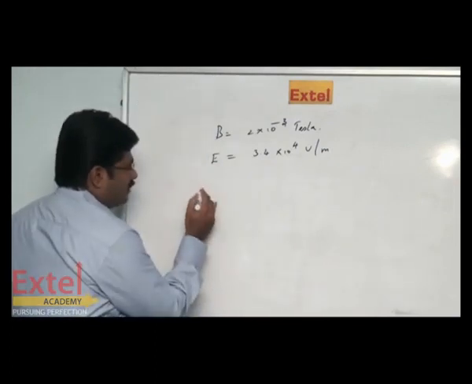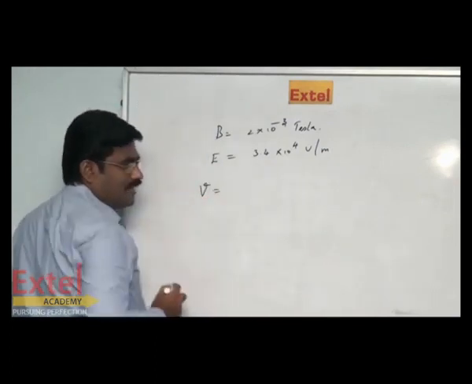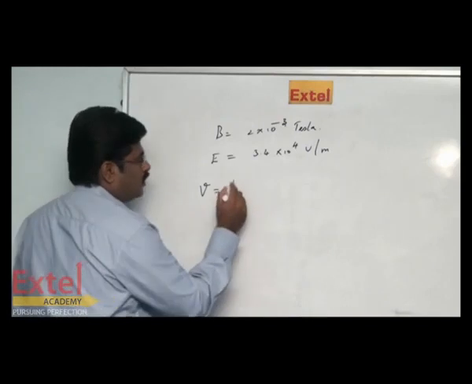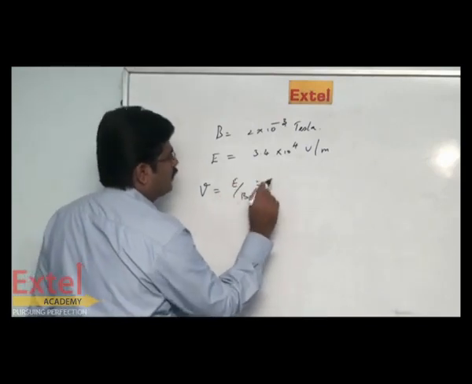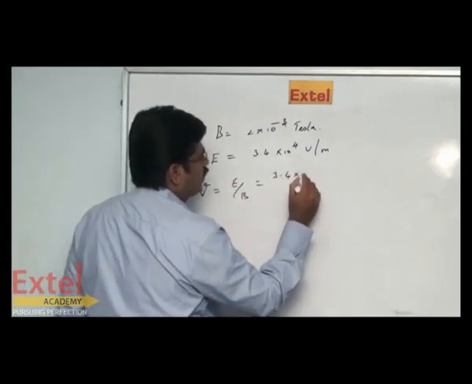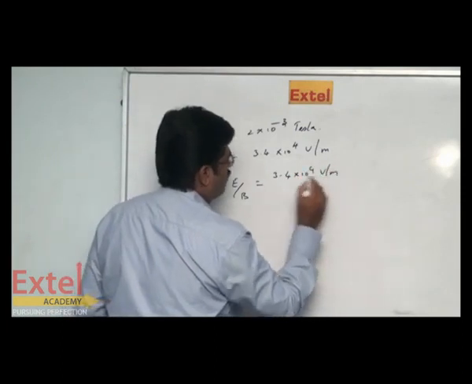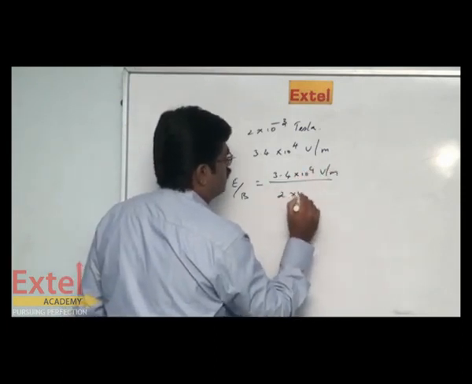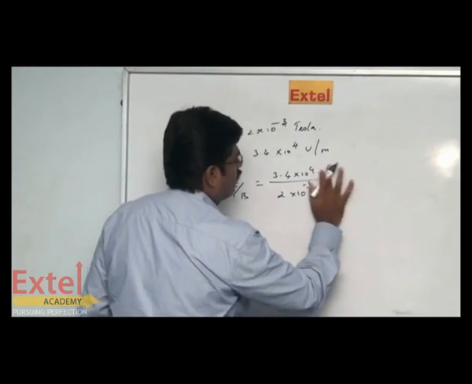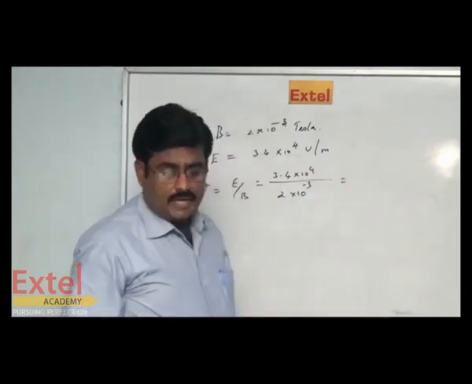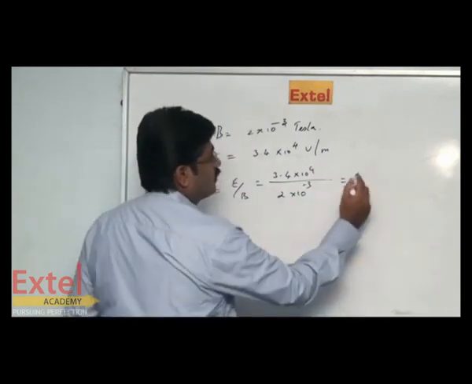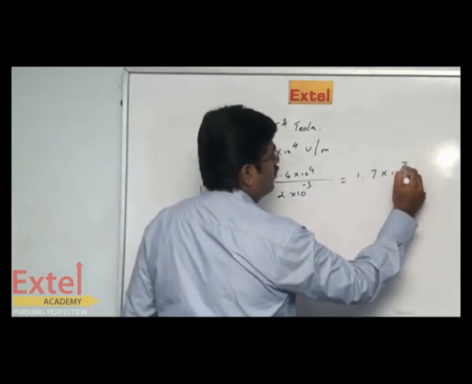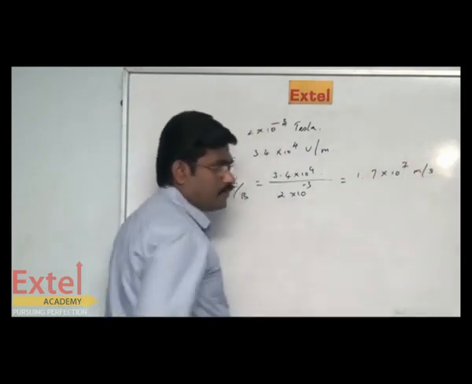First of all, you have to calculate the velocity with which the electron moves. V is equal to E by B. Okay, 3.4 into 10 to the power 4 volt per meter divided by 2 into 10 to the power minus 3 will give you the answer 1.7 into 10 to the power 7 meter per second.